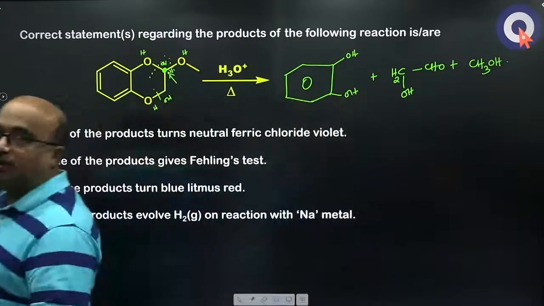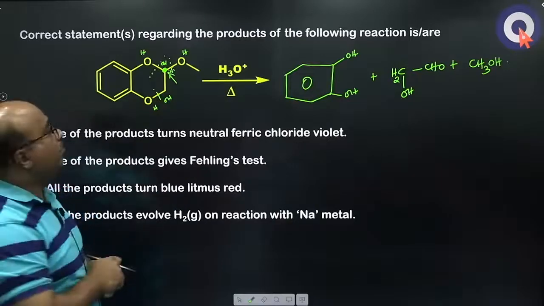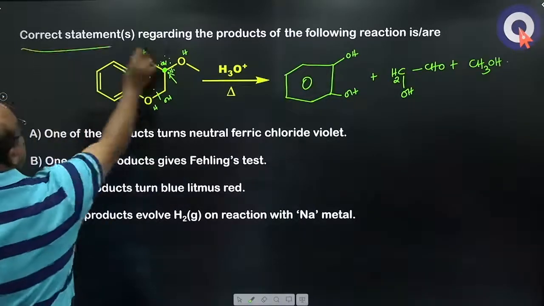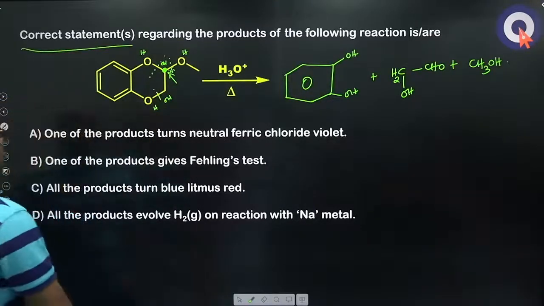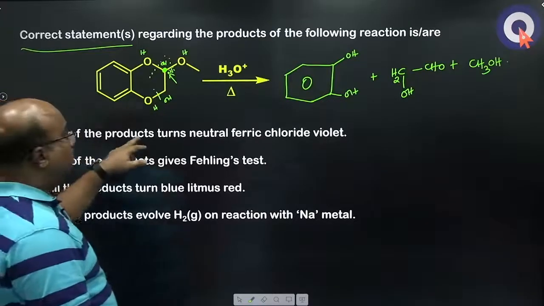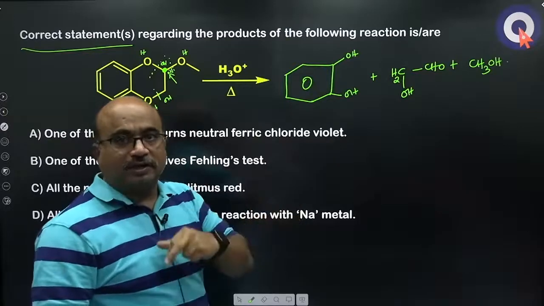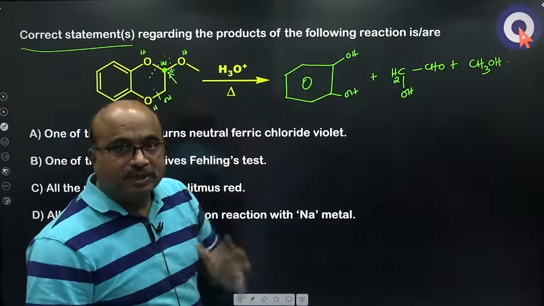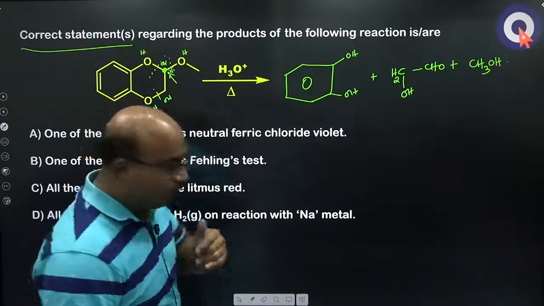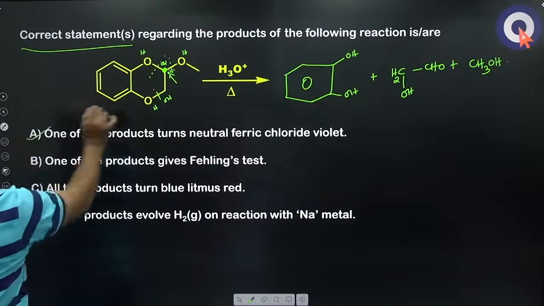Now let us see the options. What do we need to pick, correct? One of the products turns neutral FeCl3 violet. It's a characteristic reaction of phenols. Phenols will give violet color with FeCl3. This is correct.